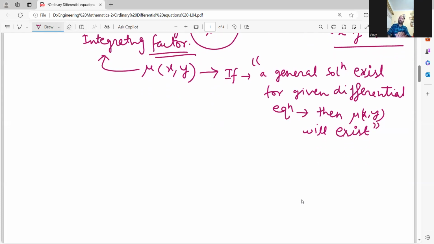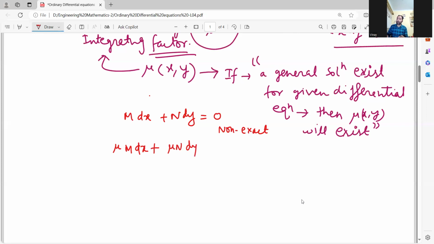So far, whatever I have taught you is this: if M dx plus N dy equal to 0 is not an exact equation, that is, non-exact, then I told you to multiply with mu, giving mu M dx plus mu N dy equal to 0. Once you multiply it with mu, this becomes an exact equation. Once you have the exact equation, follow my previous video.